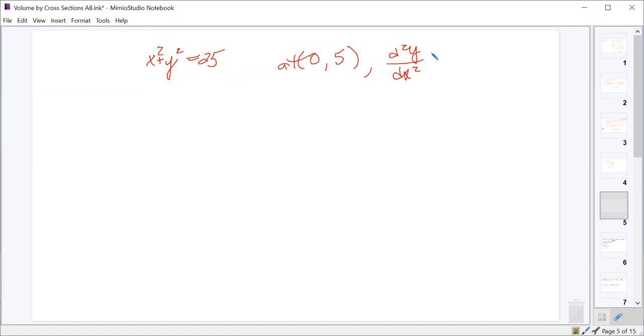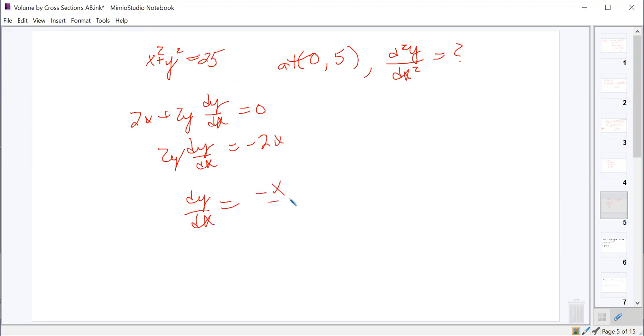So we did some of these way back when. First off, find the first derivative, 2x plus 2y dy dx equals 0. 2y dy dx equals negative 2x, and dy dx equals negative x over y if we cancel the 2's out.